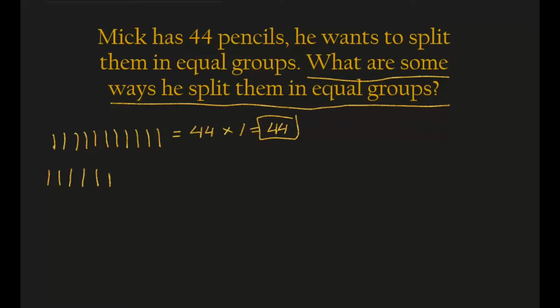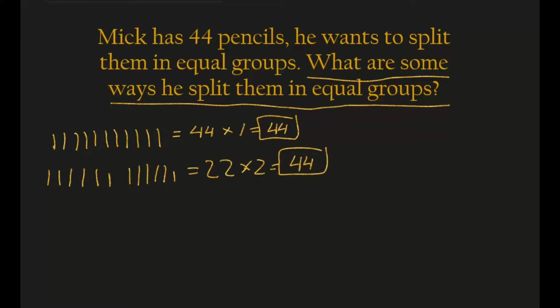And then let's just do that again: 1, 2, 3, 4, 5, and a smaller line. So that means we did 22 times 2. So again, we got 44. So there, those two are some more factors.